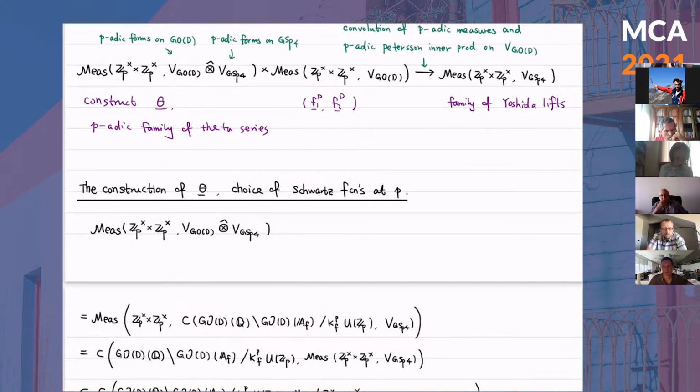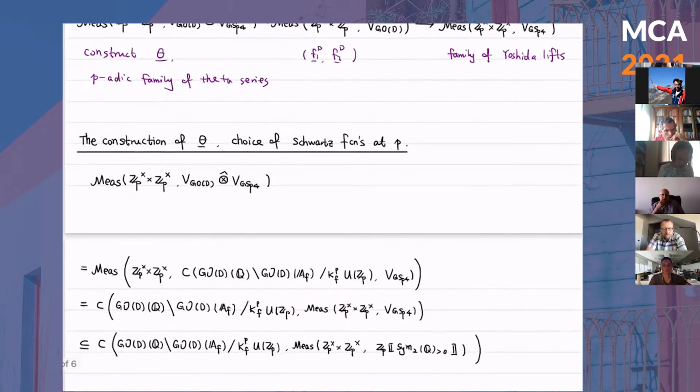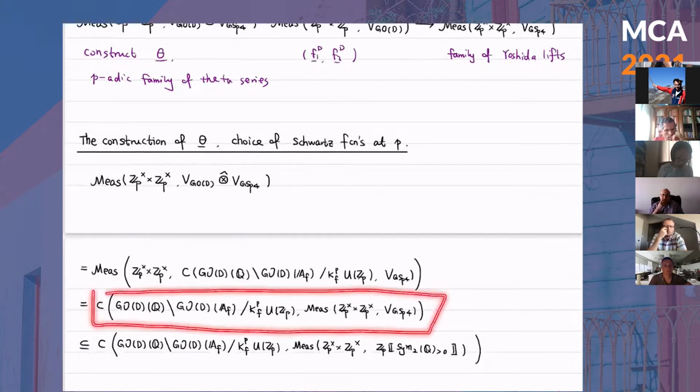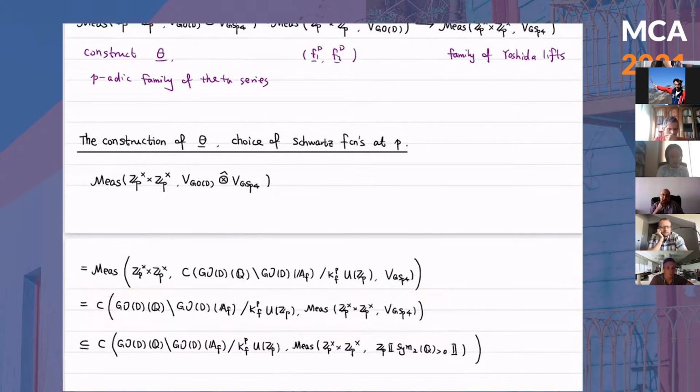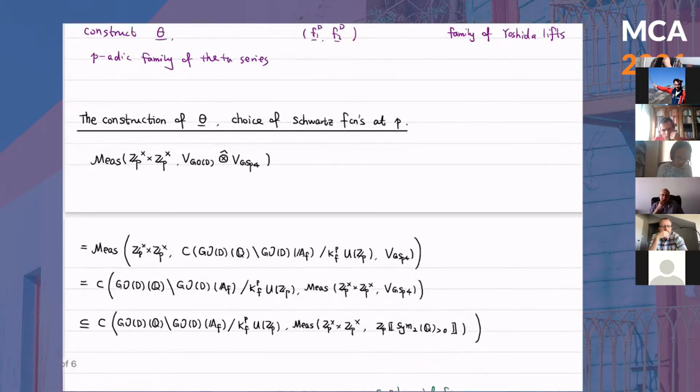Then we can switch the measure and the continuous function, and we reach this space: continuous functions on those points valued in the measures with values in p-adic forms on GSp4. By the q-expansion, we also know that the p-adic forms on GSp4 form a closed subspace of the q-expansions. So we embed this space into the following one.